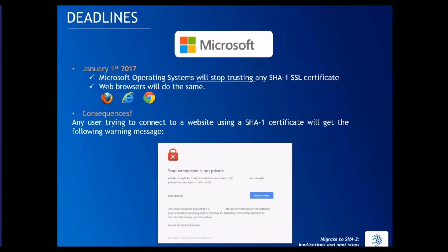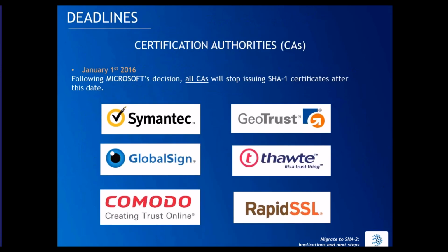That means that your SSL certificate is not trusted anymore. As a business, you don't want that. You don't want your end clients, whether they're buying something or logging onto a portal, to see this message, because as soon as they see it, they will move away. They don't know whether to trust the website or not.